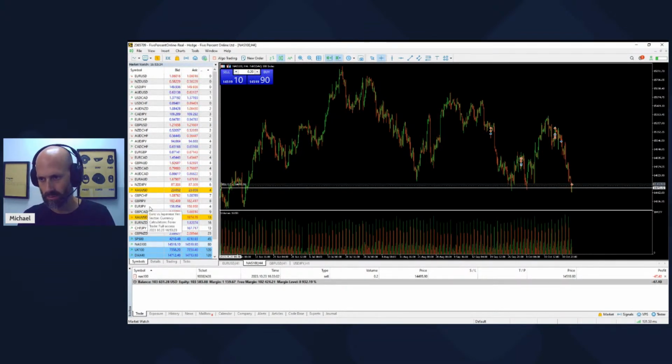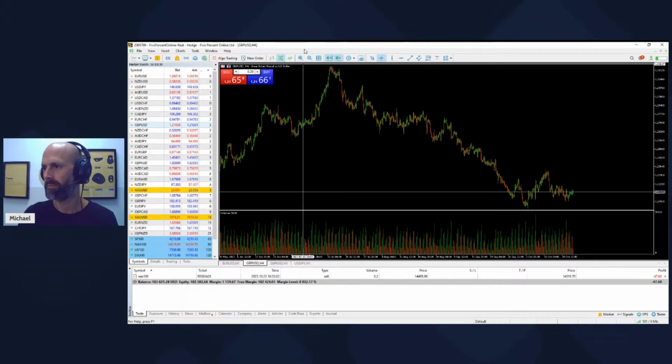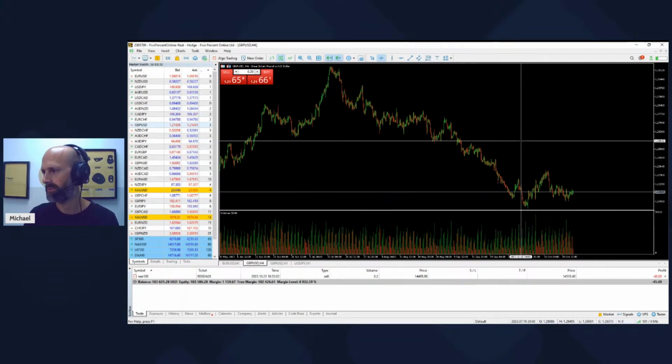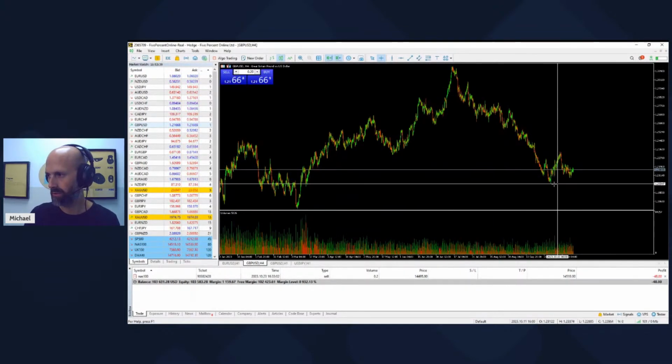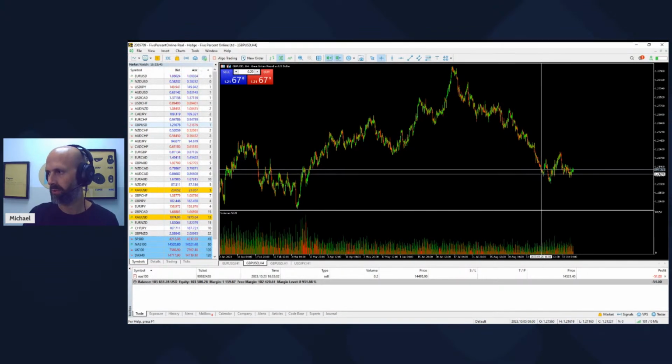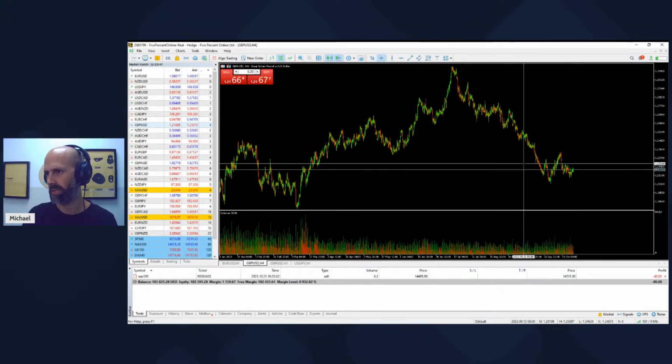Pound dollar, let me see that. Right, so 4 hour looks pretty bullish after that crazy downtrend. Reached that support, bounced, pulled back, still looking pretty good to the upside for me on the daily.